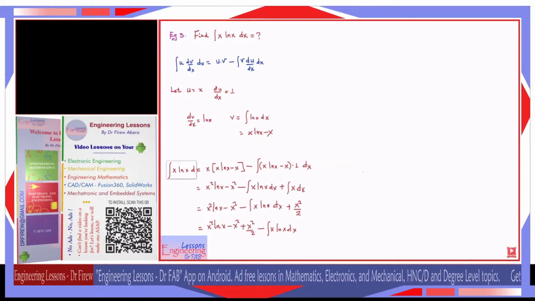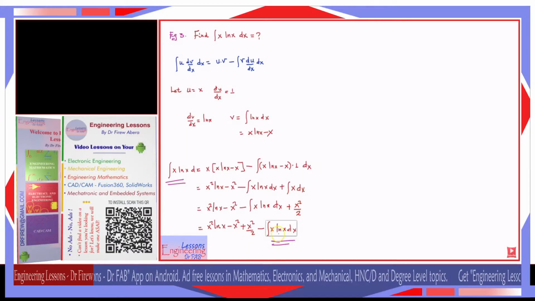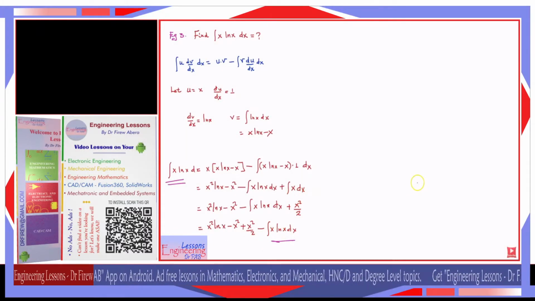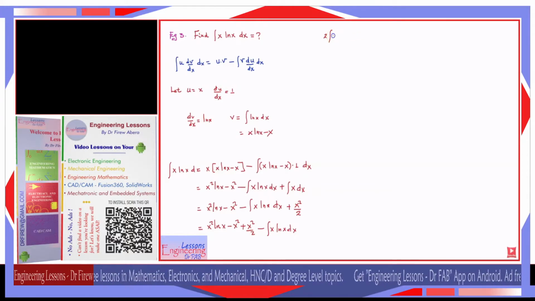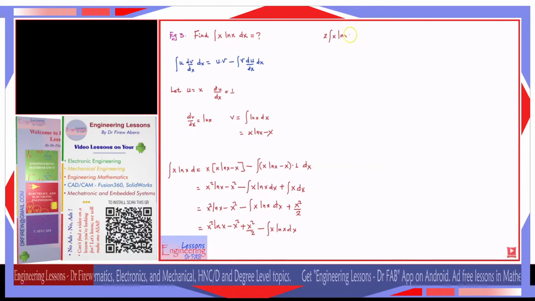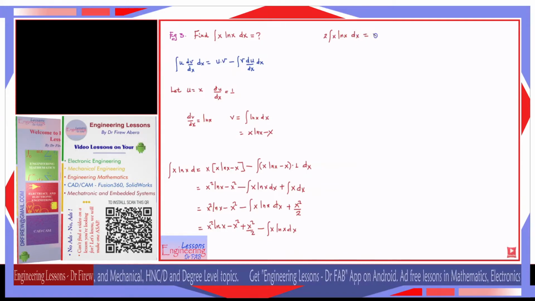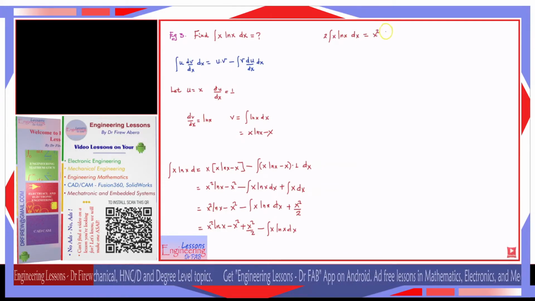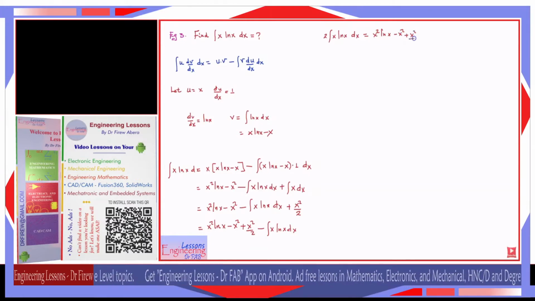Now you can see that this item is pretty much this item here. So if I bring that to the other side of the equation, I can write 2 times the integral of x ln x dx equals x squared ln x minus x squared plus x squared over 2.